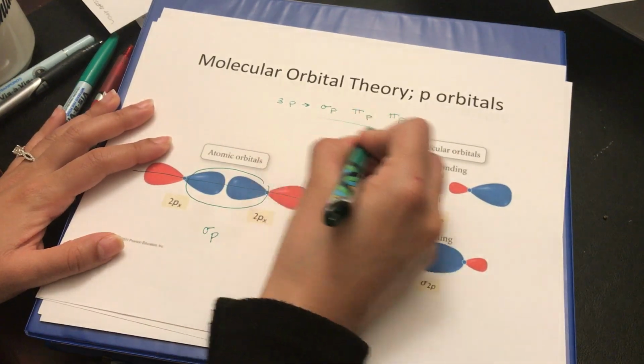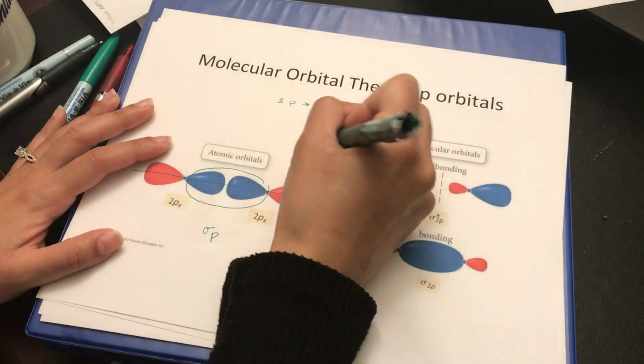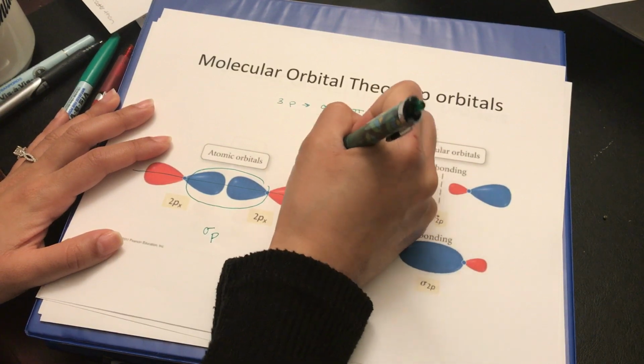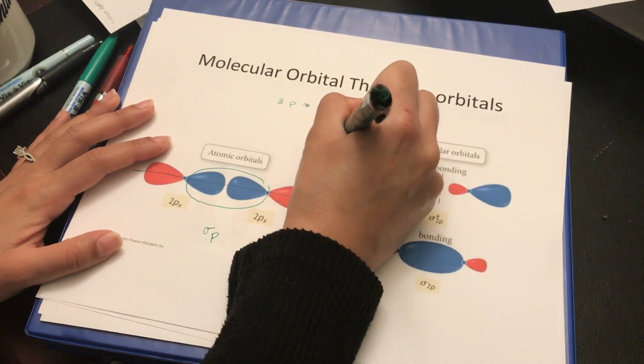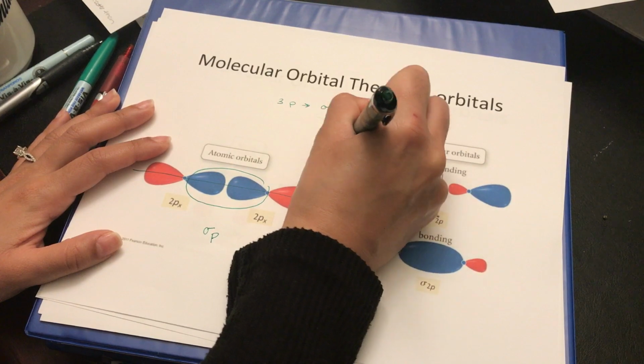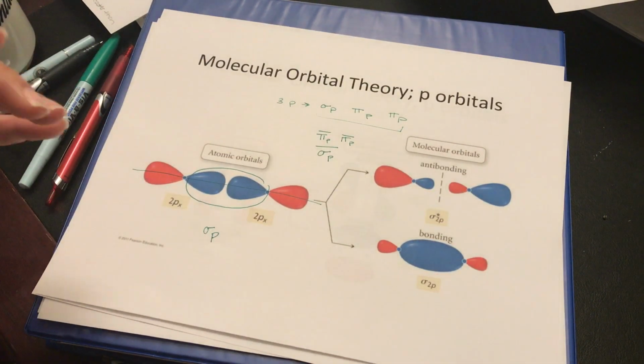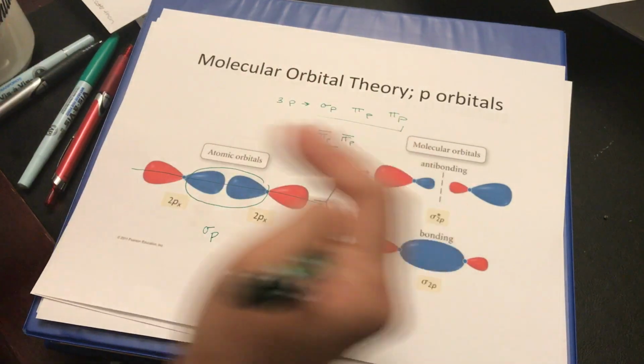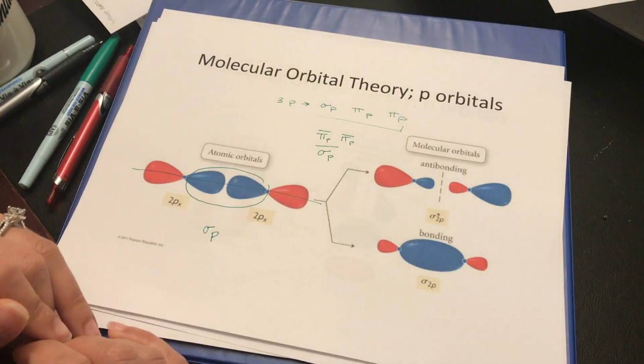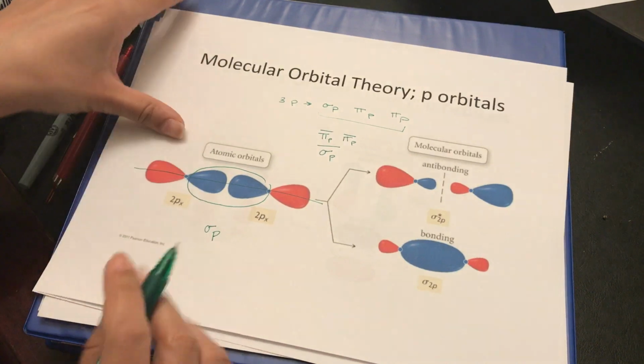So when you have the energy diagram, your sigma p comes first, and then your pi p comes after. Sigma is just a little bit more stable than the pi because it has a greater nuclear density due to that head-on collision combination of the atomic orbitals.